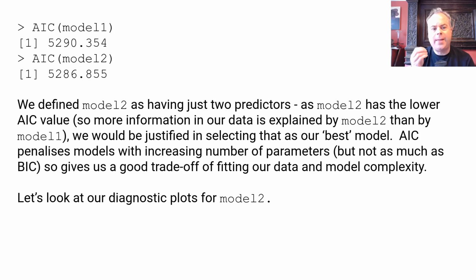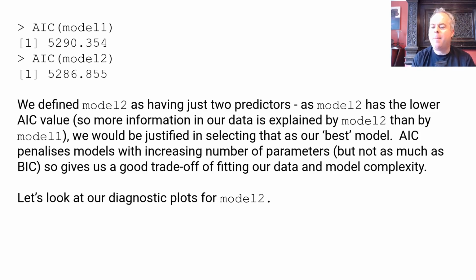So let's look at the AIC values for our 2 models. Model 1, that's the one with the 4 predictors, has got 5290. Model 2, the AIC value is 5286. And we can see that Model 2 has the lower AIC value. And that's because AIC penalizes models with increasing numbers of parameters.